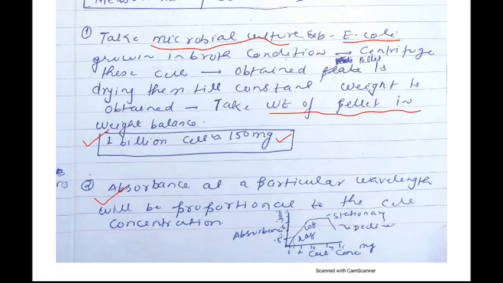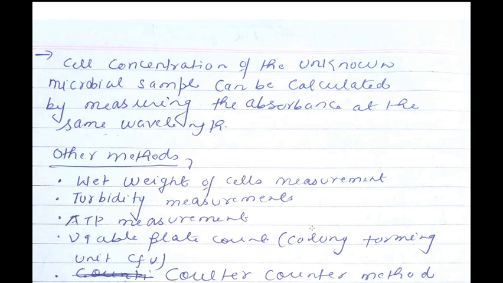Here I have shown the growth curve of bacterial cells, how to find out at different times how the bacteria grow. It shows the absorbance and the cell number. As the absorbance increases, the cell number also increases. But at the stationary phase, there is no increase in the cell number. So the cell concentration of an unknown microbial sample can be calculated by measuring the absorbance at the same wavelength. The wavelength remains constant.